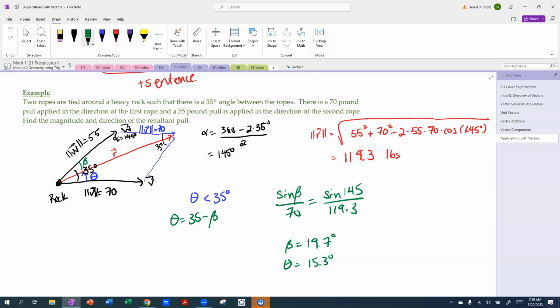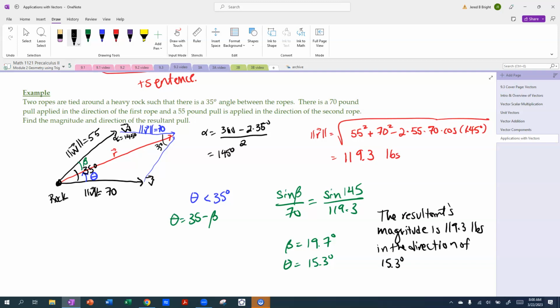So in all, I can say that the resultant's magnitude is 119.3 pounds in the direction of 15.3 degrees.